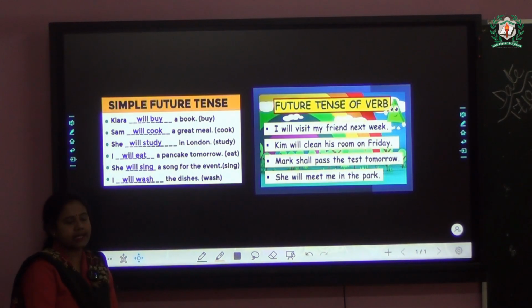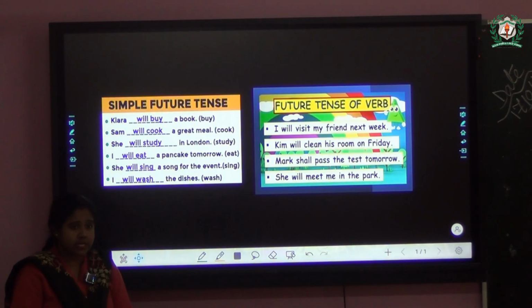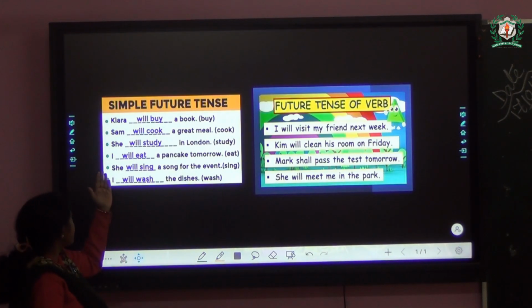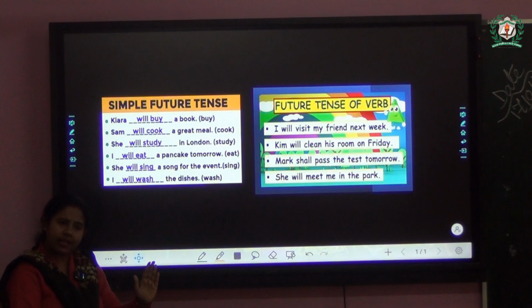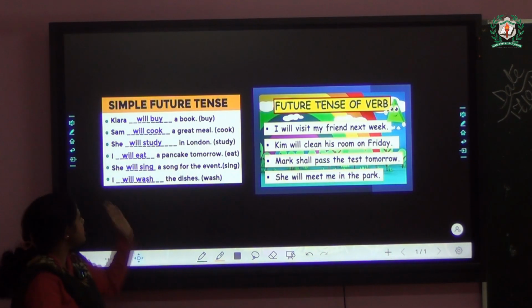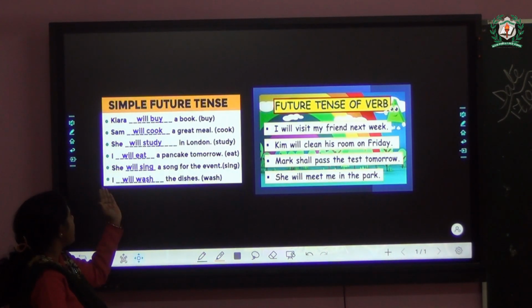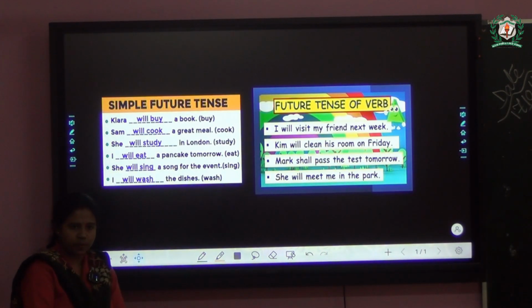Here in this context, I need to tell you something. Apart from will, you can also add shall. But you can add shall with the subjects I and we only. Okay? I shall, we shall. And in special cases, I will and we will also.